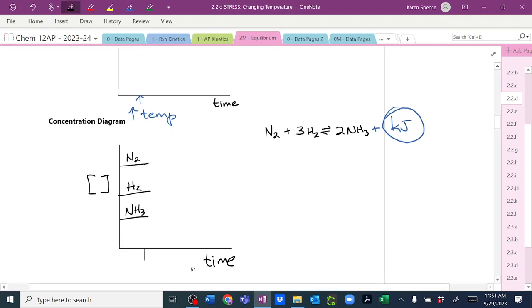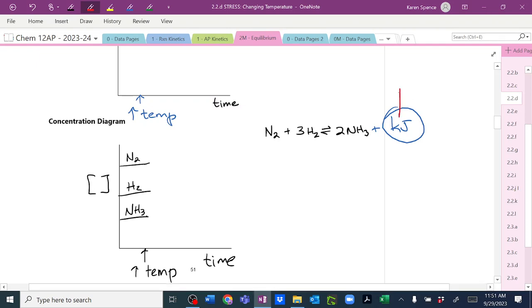Okay, so here we have our increase in temperature. And do you remember those little arrows we did above? You can treat heat as though it is a thing. You can say, I am increasing the concentration of kilojoules by increasing the temperature.